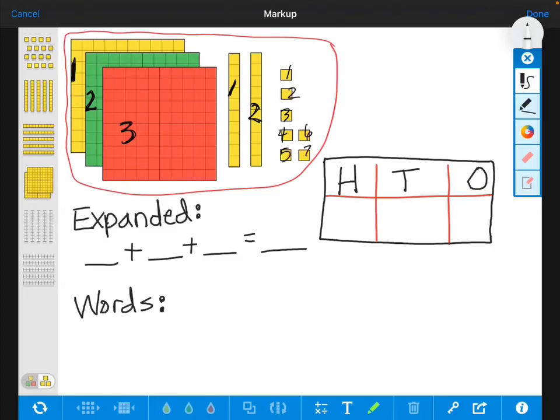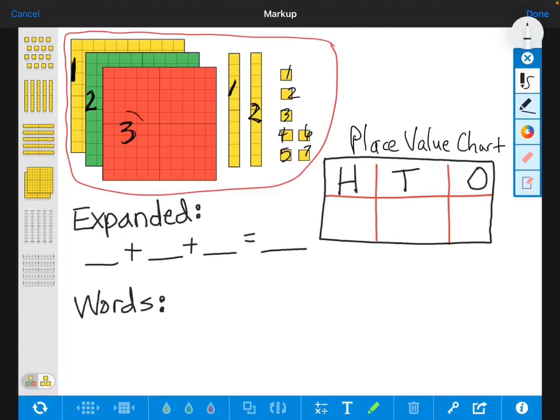When I look at that number, I can then take those numbers and put those into a place value chart. And that's what I have here, a place value chart. My writing is not very neat. Okay, so here's a place value chart, and I can plug my numbers into it.